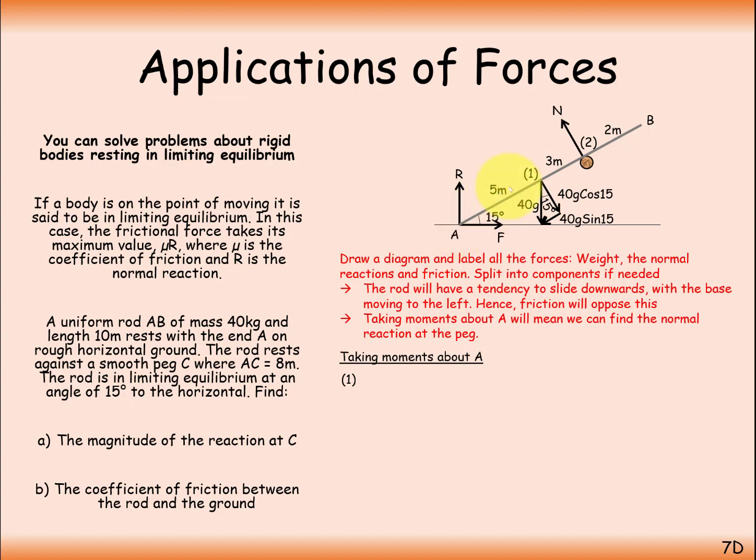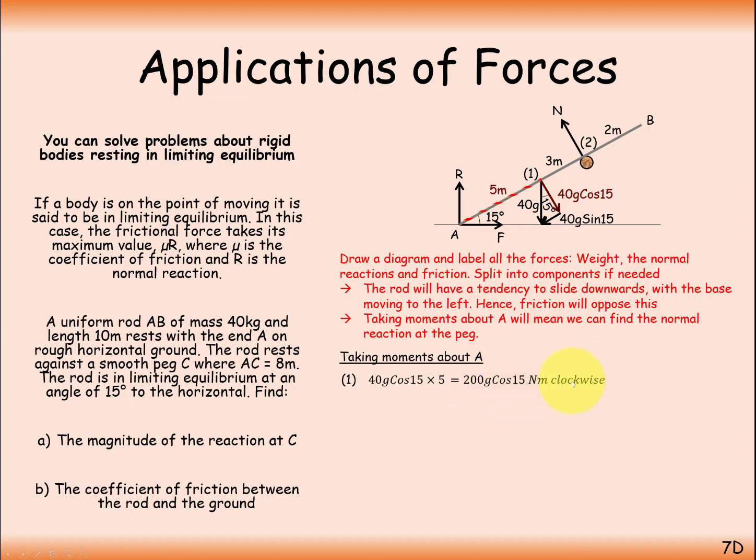So part 1, that's our centre of mass moment acting in the perpendicular direction, and that's going clockwise. So that's 40g cos 15 times that length 5, and that's going to equal 200g cos 15 newton meters in total once we work that out, and that's clockwise.